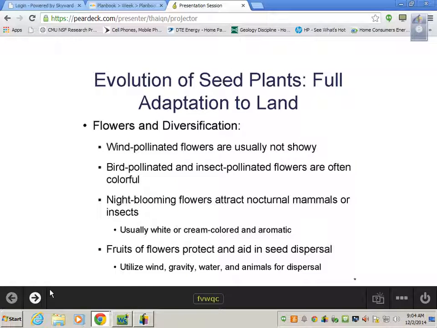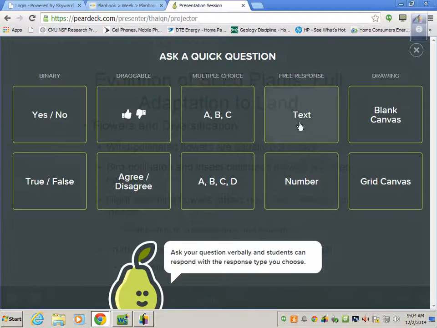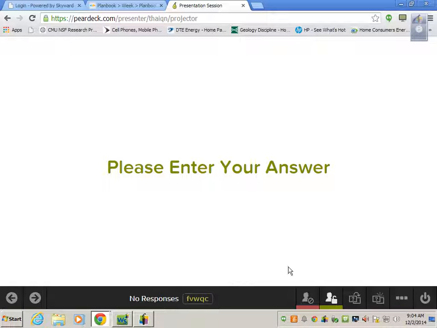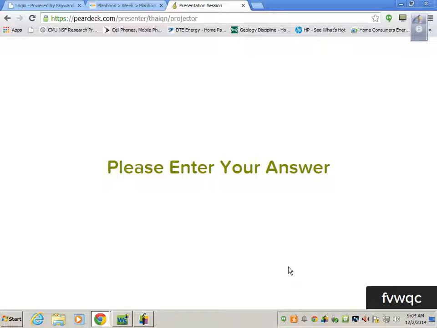So flowers and diversification. The wind-pollinated flowers are usually not showy. Pine trees. You ever see like some pretty corollas on a pine tree? You never walk up to a pine tree and look at the petals on that thing. You know, it's a bunch of pine needles, right? Because they aren't attracting what? What does a pine tree not worry about that a tulip does?